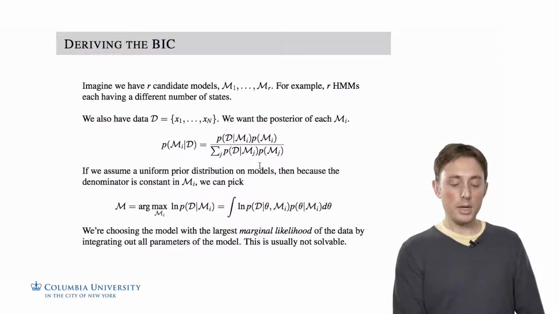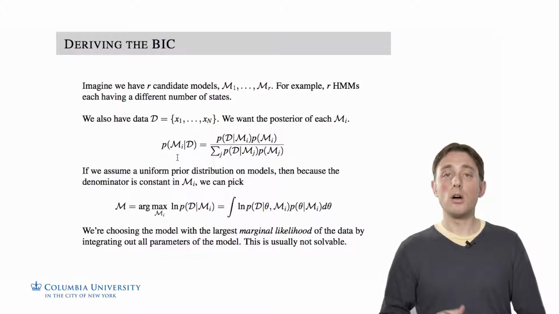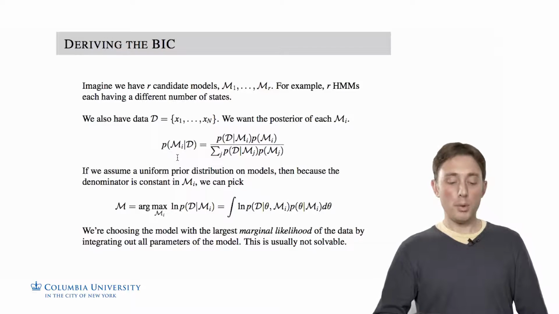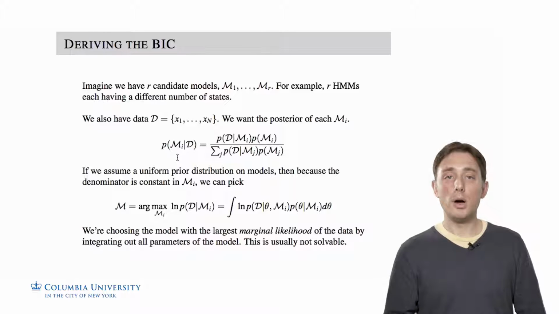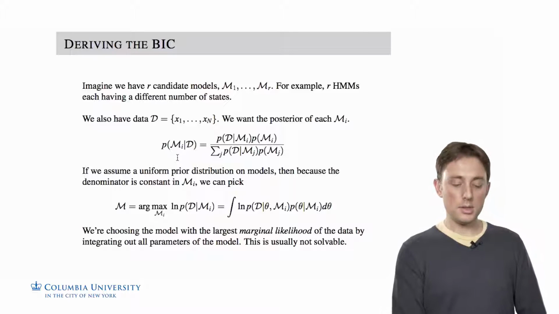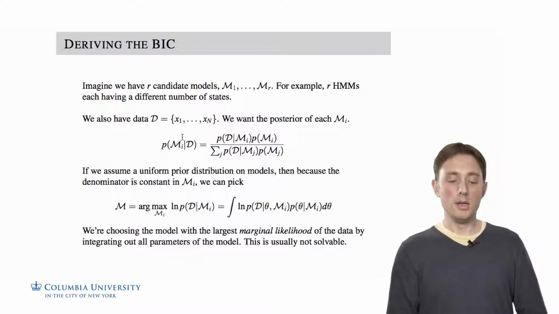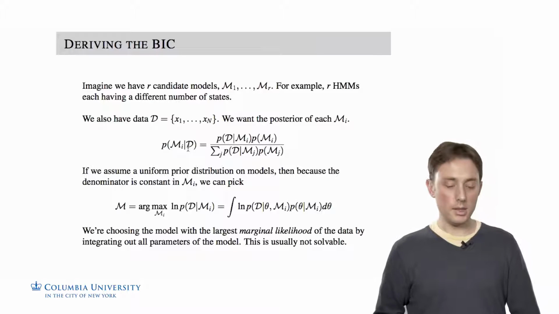This way, we're getting a posterior distribution on our models. We're not getting a posterior distribution on their parameters, but on the model itself. So this is saying a posteriori, which model do I think generated this data?